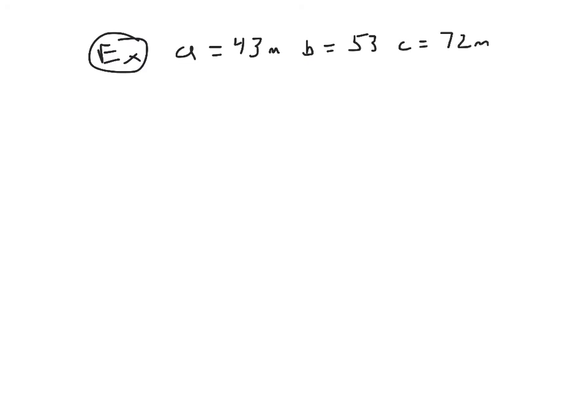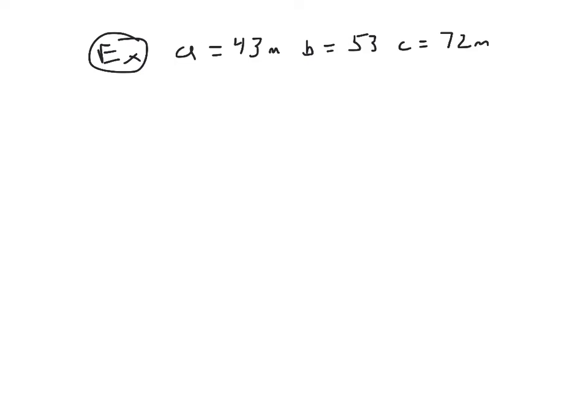So for this one, let's say that I give you just simply all three sides. So a is 43 meters, b is 53 meters, and c is 72 meters. Anytime you're given all three sides, you're going to use the last one, which was Heron's formula.